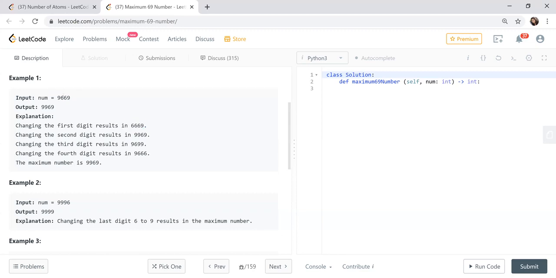Then if we change this 6, it will be 9969. If we change the third position 6, it will be 9699. And similarly, if we change the last 9 to 6, it will be 9666. Which one is the biggest? It is 9969.